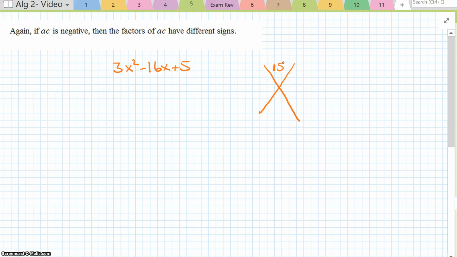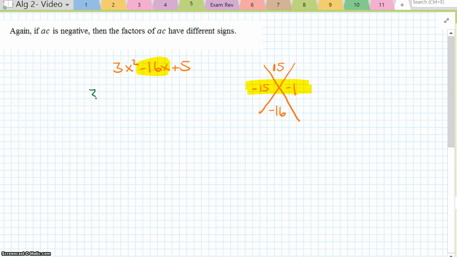So we're looking for two numbers that have a product of 15 and, since our B value is negative 16, have a sum of negative 16. Well, what did we say before? If the top number is positive and the bottom number is negative, both factors have to be negative. So negative 15 times negative 1 gives me positive 15, and it gives me a sum of negative 16.